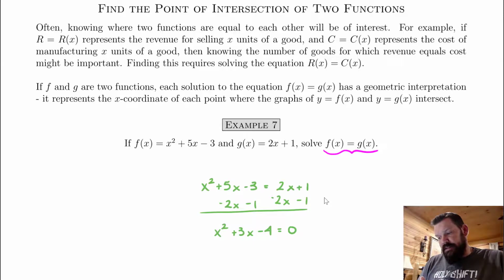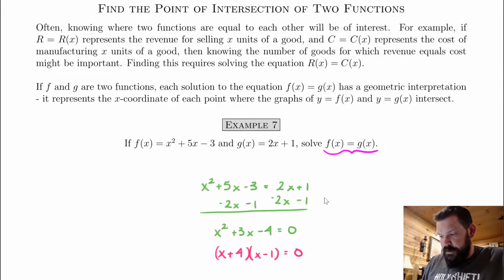Now we can look at this and determine whether or not this is a factorable equation. The constant term is -4. The middle term is +3. We can see that the factors of -4 that add up to 3 would be +4 and -1. So we can write this out as x plus 4, x minus 1.